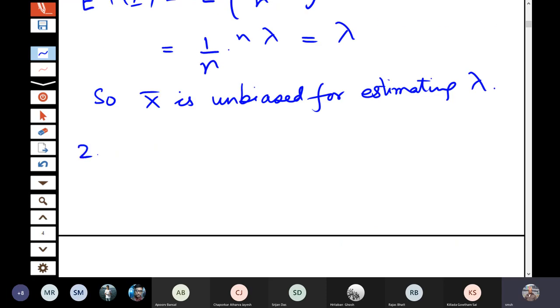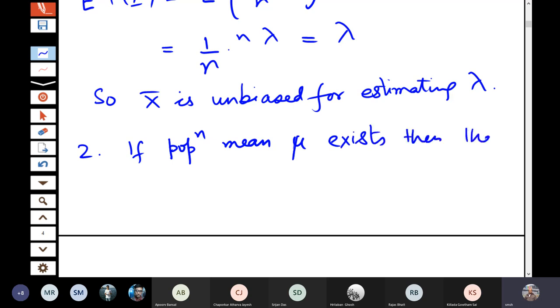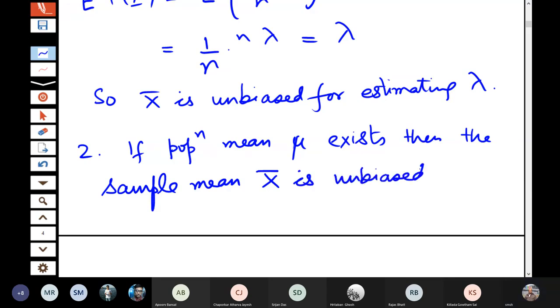So if population mean mu exists, then the sample mean X bar is unbiased for the mean.